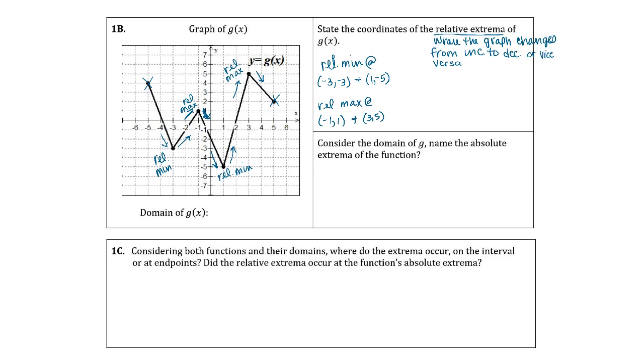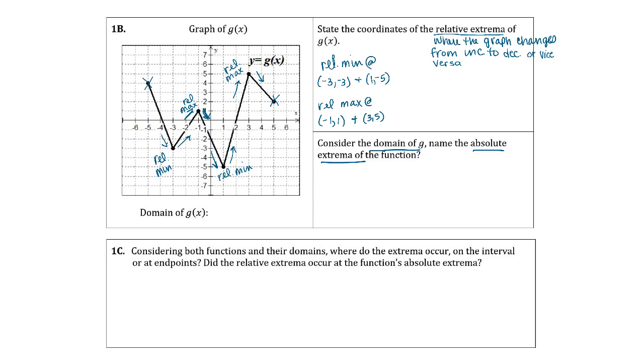Now, looking on down, we need to consider the domain. In other words, let's go over here and look. Do we have for sure starting and stopping points? And we do. So we can have an absolute extrema. And notice that that absolute extrema that we're going to pick from would be from our relative extrema, because the way that we have relative extrema defined is the place where the graph changes from increasing to decreasing or decreasing to increasing.